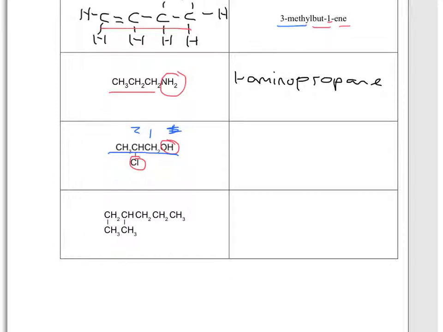So I'm going to number it from the right. So I get propan-1-ol, and I've got this chloro coming off the second one, so it's 2-chloropropan-1-ol. Cool, pretty happy with that.